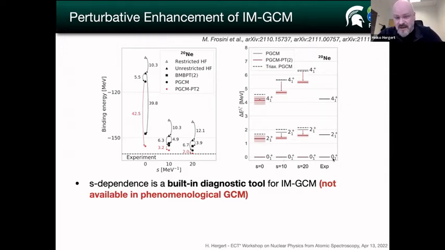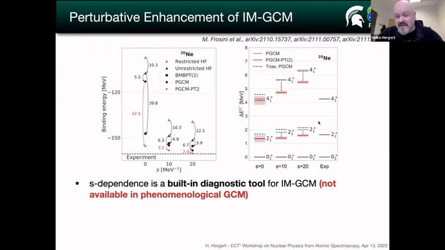But then if you look at the spectrum, you see that, well, the 2+ energies are quite stable actually once you do the IMSRG evolution and this perturbatively enhanced GCM. But for the 4+, we're not able to make the result fully as independent.